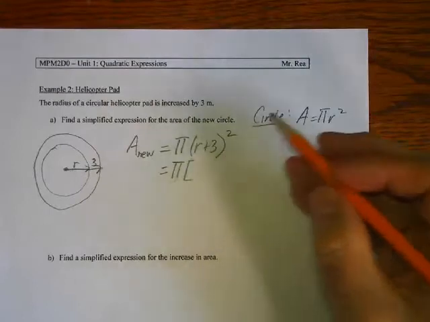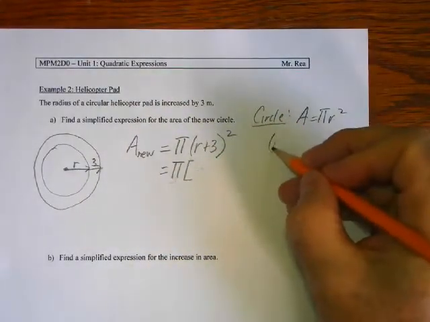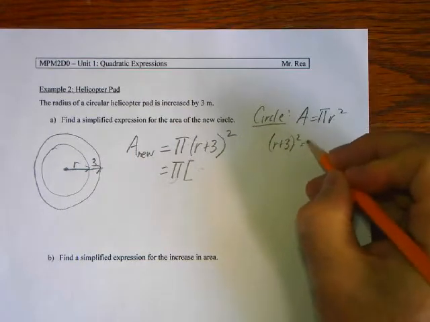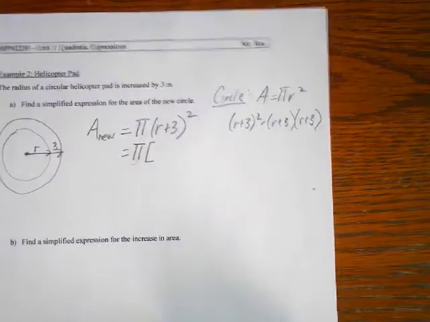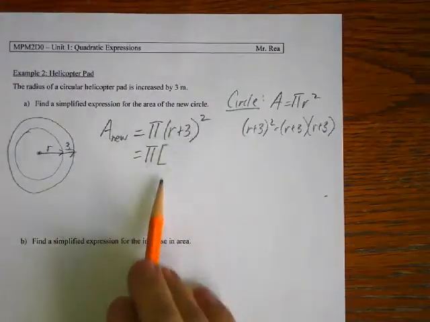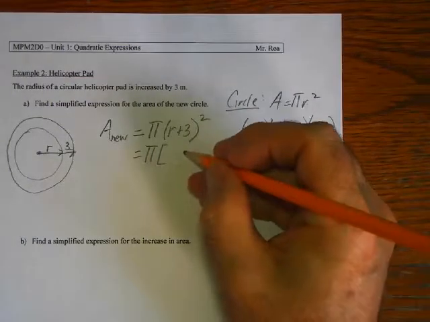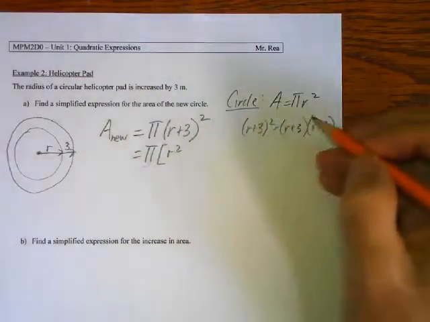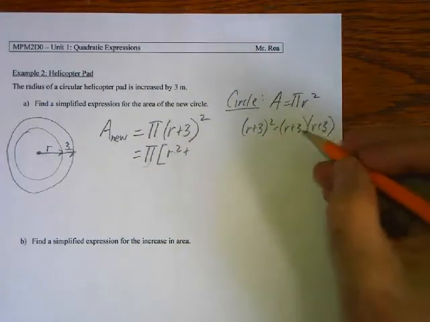Okay, so when we square it, remember (r + 3) squared is (r + 3) times (r + 3). Don't forget that already. It's not just r squared plus 9. If we work this out, it's going to be r squared plus 3r plus 3r.